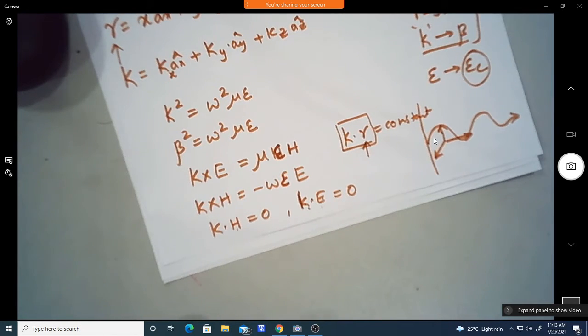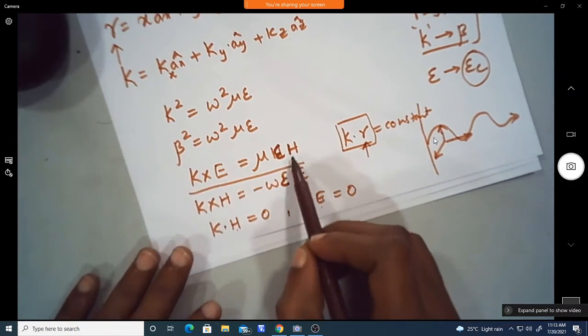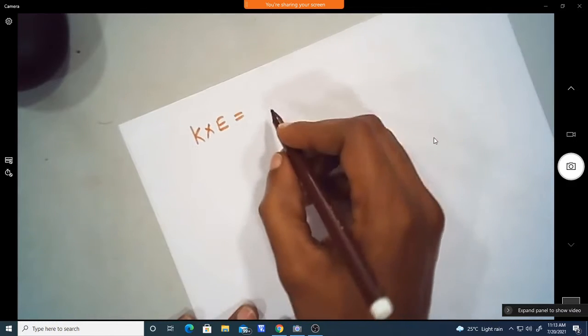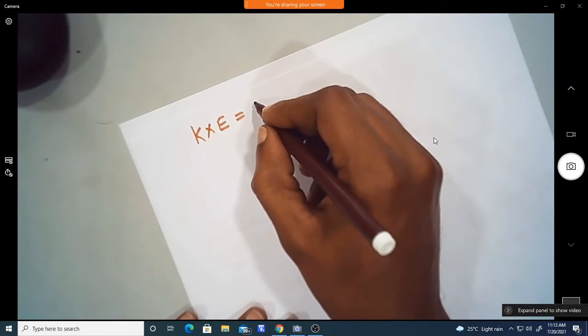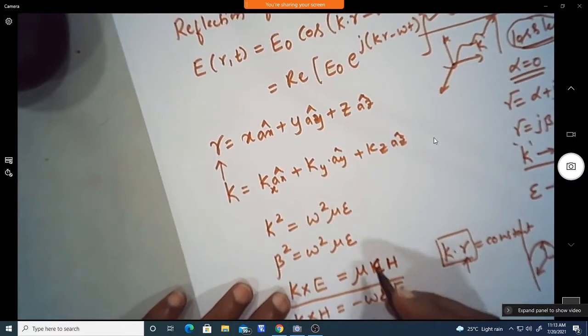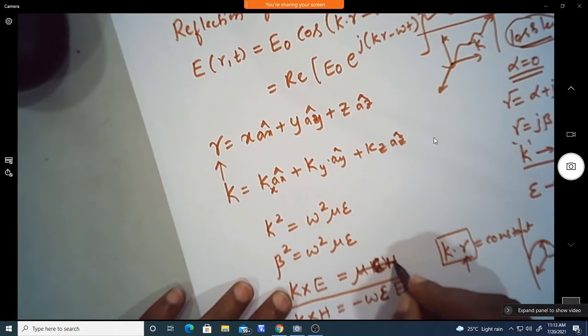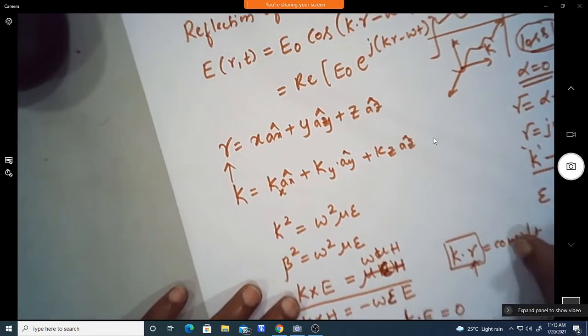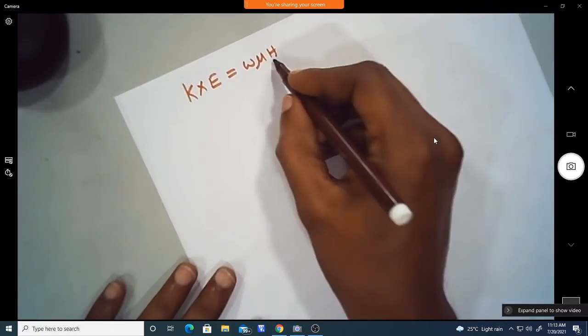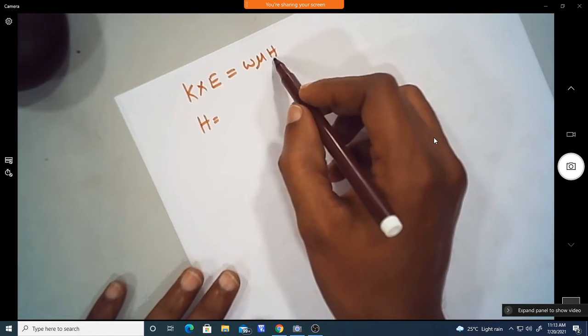Now from this equation we will see how we can compute the magnetic field, that is H. We have the propagation vector crossed with the electric field vector, which gives omega mu H, sorry, this is omega mu H. So now we can compute the value of H from this equation.